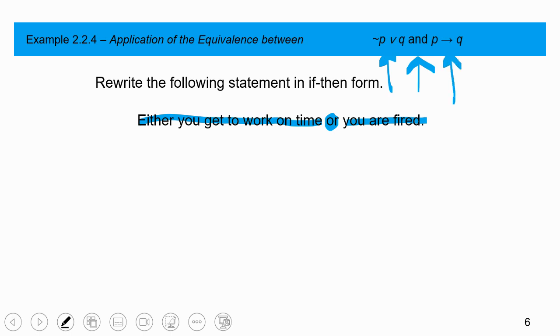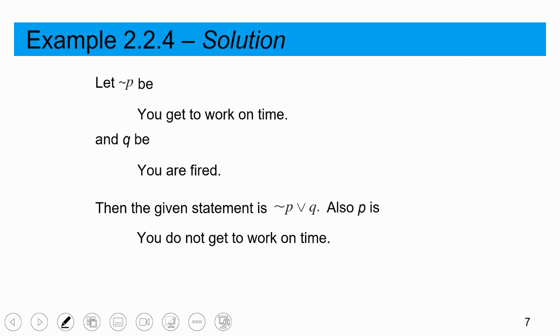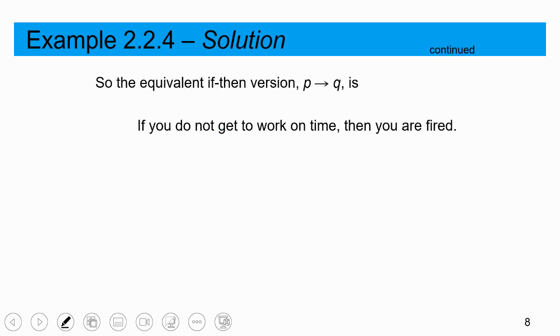So basically, we're rewriting an or statement as a conditional statement in if-then form. So not P is you go to work on time, and Q is you are fired. Okay. So we could also say that P is you do not get to work on time. That could be helpful.